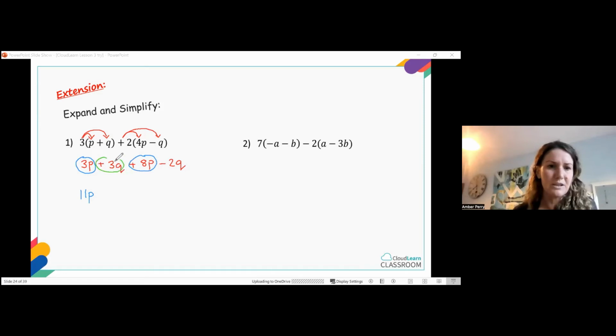We've got 3q minus 2q. So that part is just plus q. So the final answer there, I will just write it in black quickly, is 11p plus q. Okay, so we've expanded the brackets and then we've simplified it into its simplest form there.